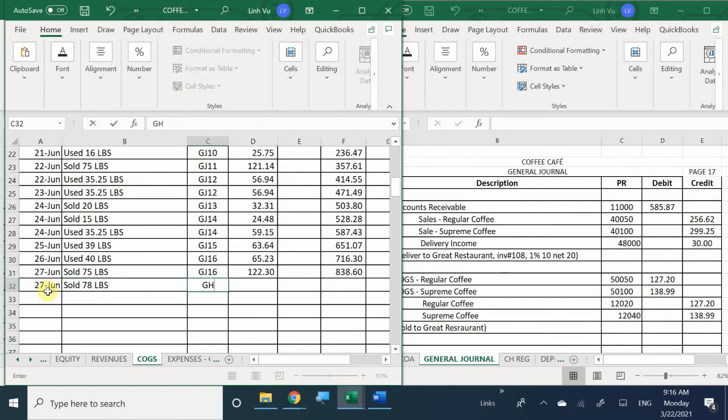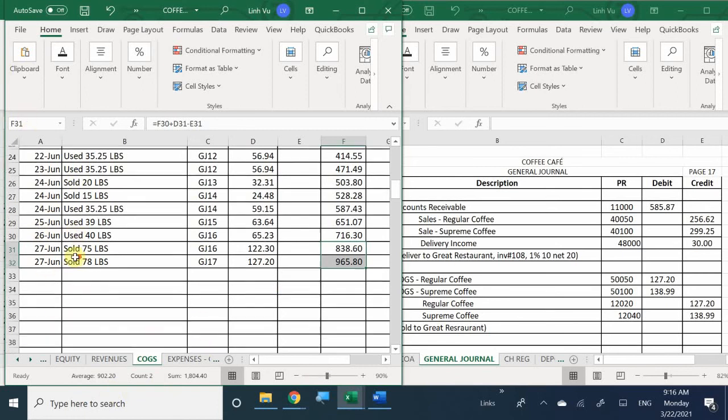General Journal 17 for a grand total of 127.20. So therefore, what is my grand total? 965.80.